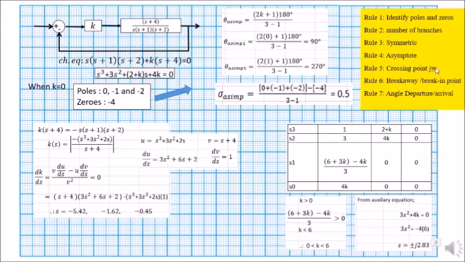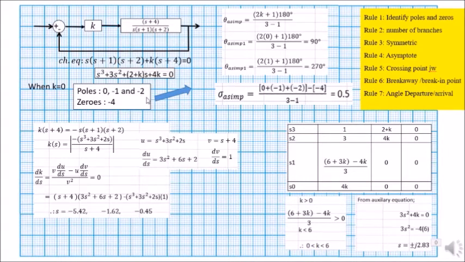Okay, next for rule number 6, we first have to identify whether this system has a breakaway or break-in point. Based on the location of poles, when K is equal to 0, we have 3 poles on the real axis. The breakaway point can only be obtained when there are more than 2 poles on the real axis.